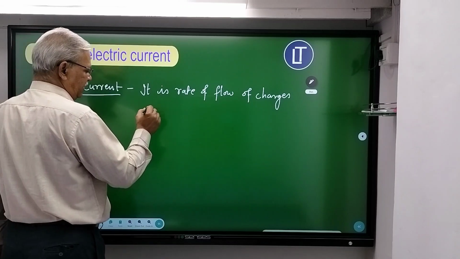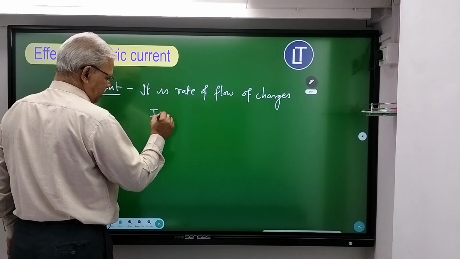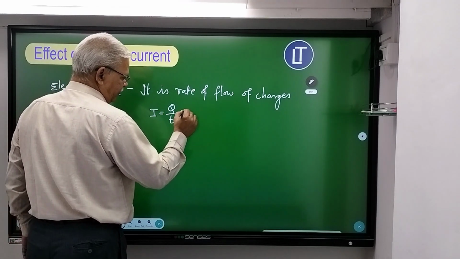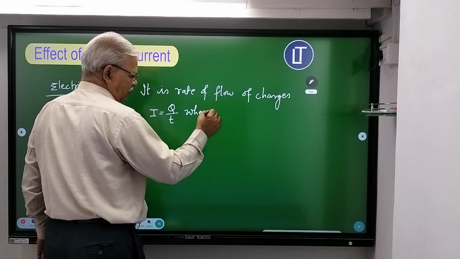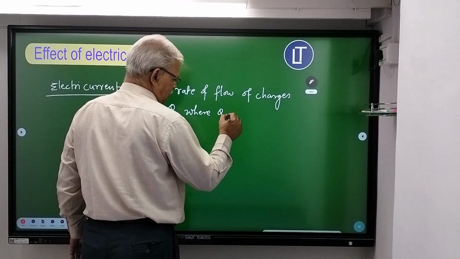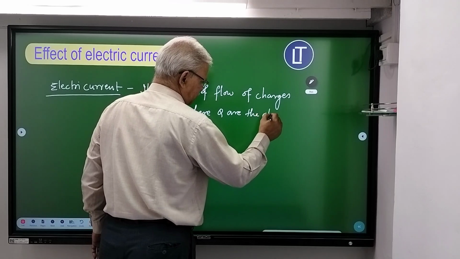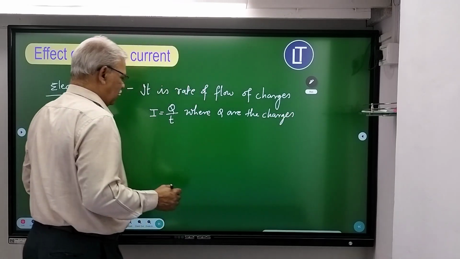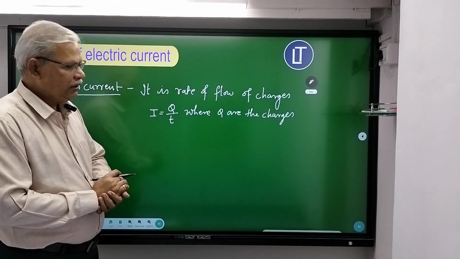Therefore, as per definition, its formula is I is equal to Q upon T, where Q are the charges. Okay? And electric current is represented by I and T for the time.